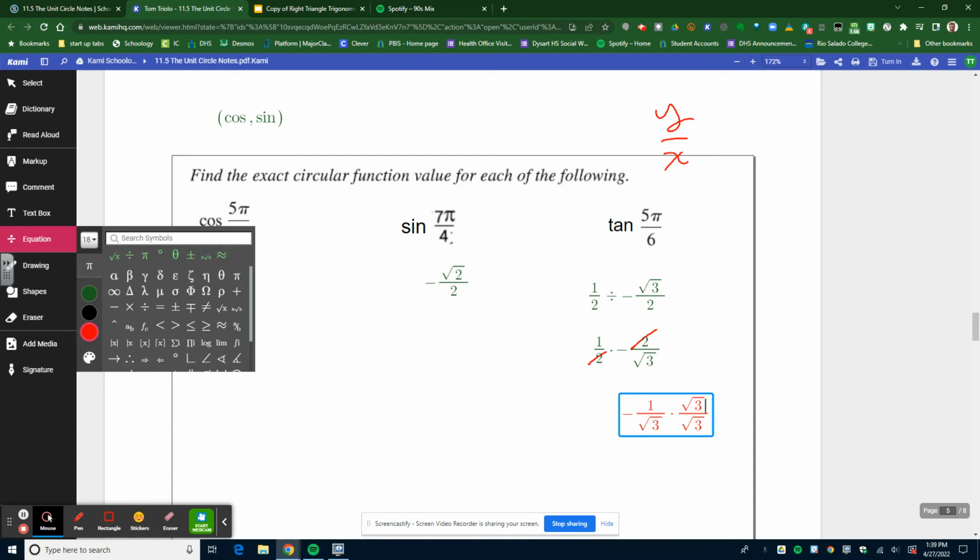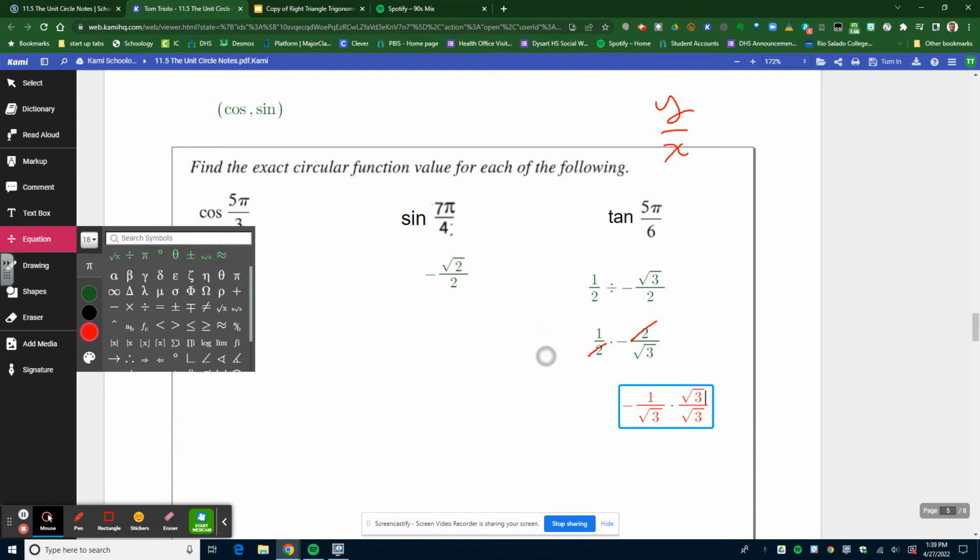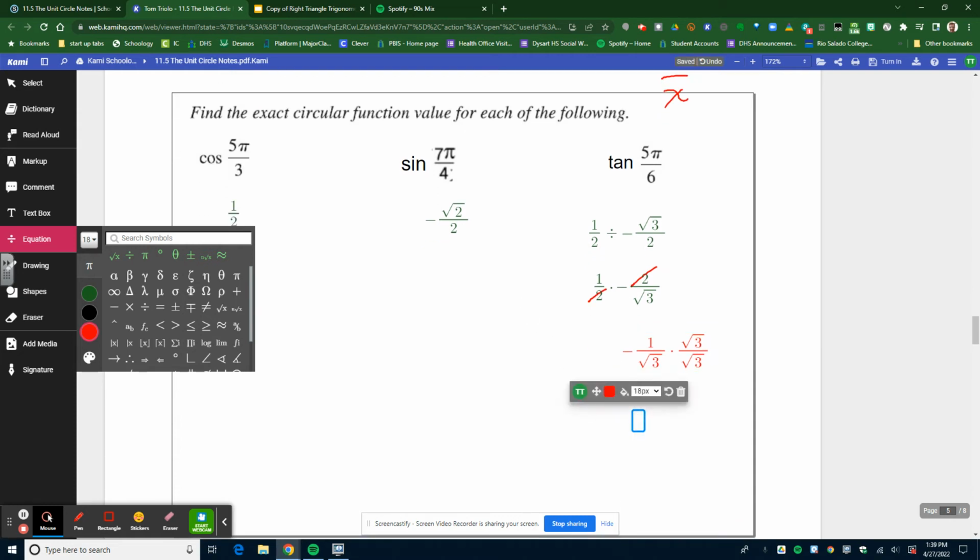Square root of 3 times square root of 3 on the bottom is equal to negative, the bottom is going to be square root 9, but what is the square root of 9 equal? 3.